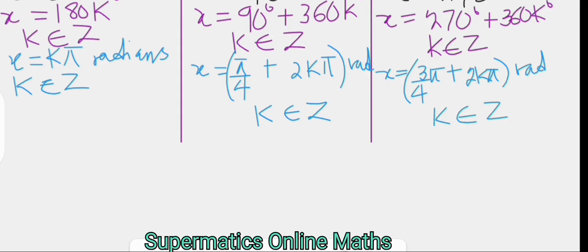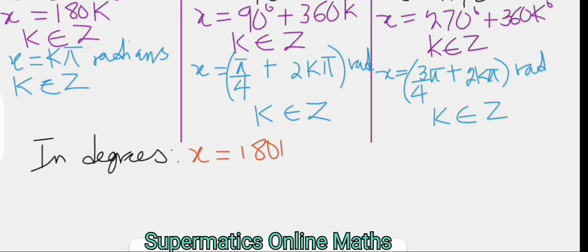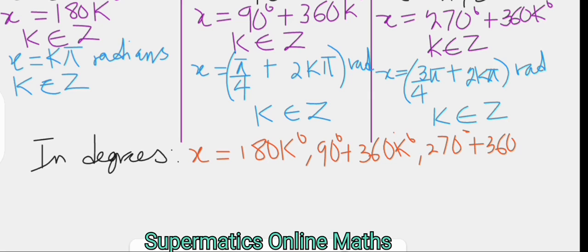In conclusion, we can write the possible values of x for the equation as in degrees, x is 180k degrees, x is also 90 degrees plus 360k degrees, and x is also 270 degrees plus 360k degrees, where k is an integer to accommodate both positive and negative angles.